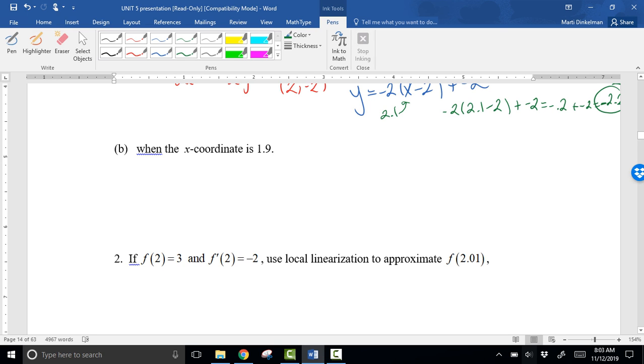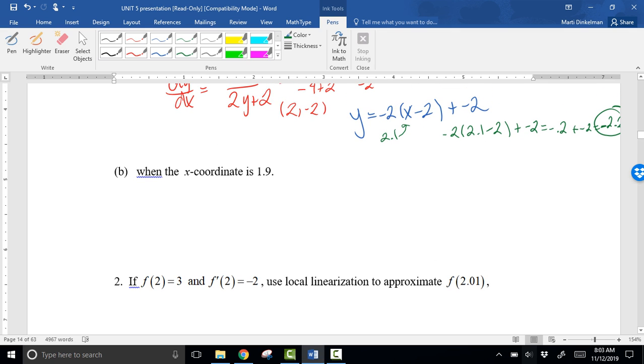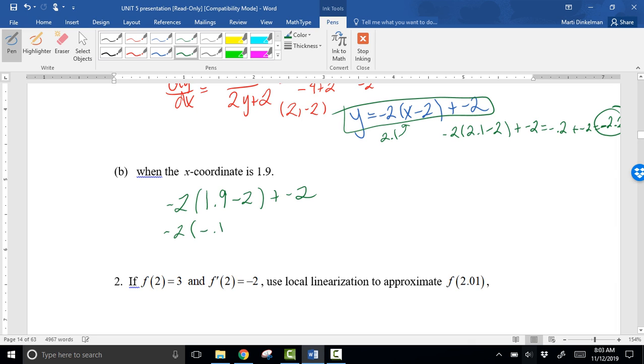Let me scroll up just a tiny bit more. Take a peek at that tangent line we have written there. So again, I'm just going to take this tangent line that we created earlier, and now we're going to plug in 1.9. So 2 times (1.9 minus 2) plus -2. So this is going to be 2 times -0.1 plus -2. So -0.2 plus -2, or -2.2.